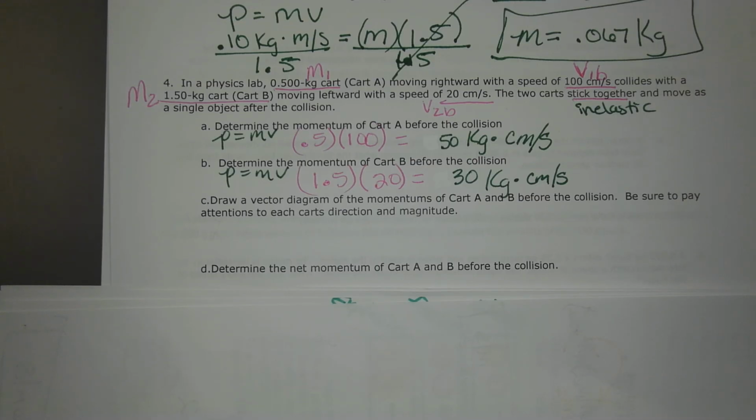Draw a vector diagram. Ooh, I like that question. Of the momentums of cart A and B before the collision, meaning that no one's touched no one. And when they do touch, I can see up here that they are going to stick together, okay? It says be sure to pay attention to each cart's direction and magnitude.